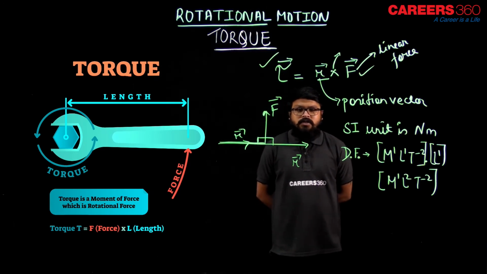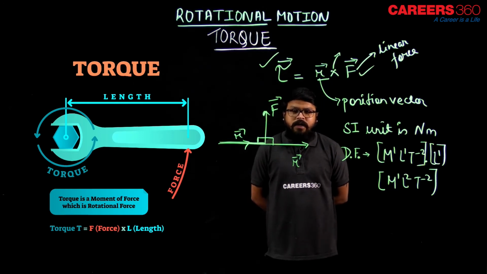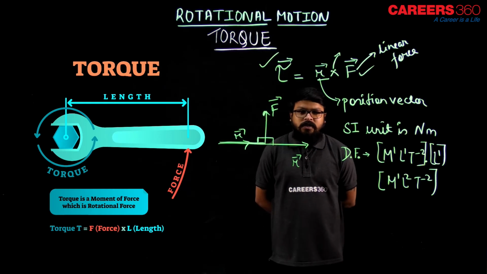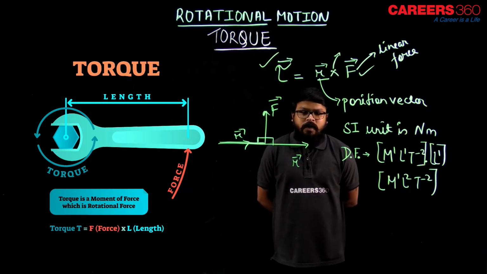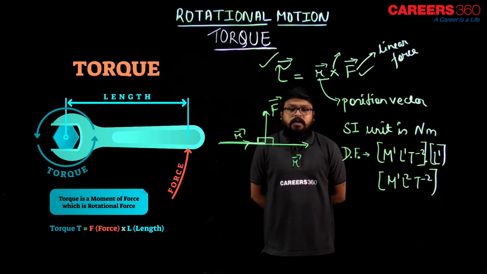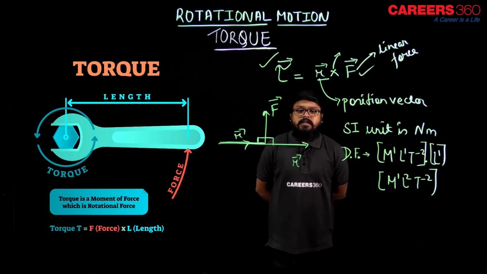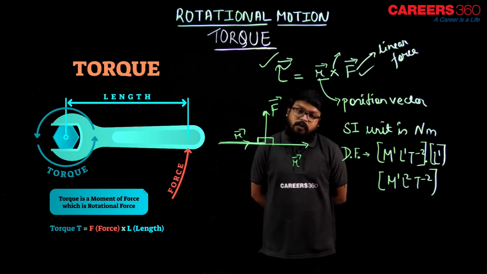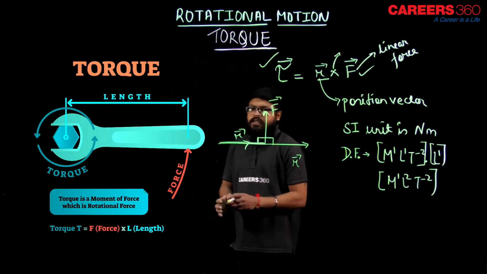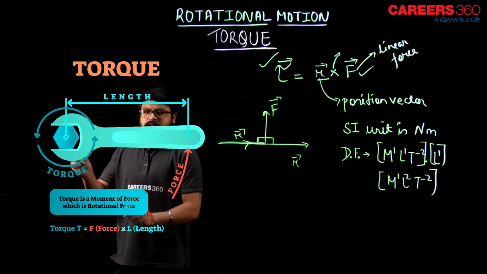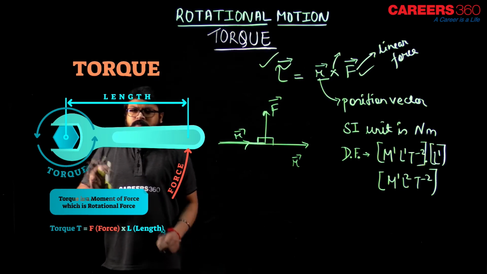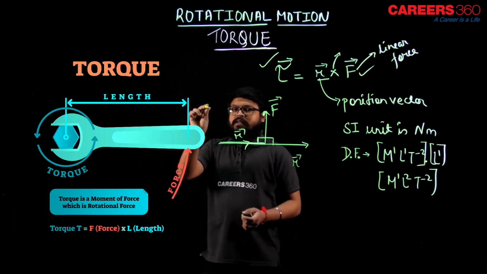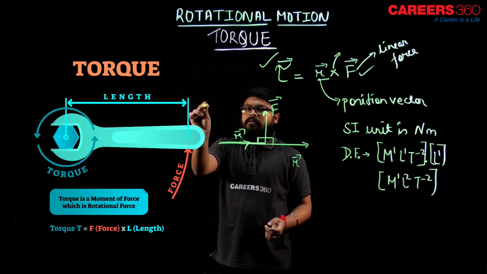So basically, what is torque? Torque is nothing but moment of force or rotational force, which provides rotational motion to the body, when we apply the linear force F at some distance or length which is perpendicular from the axis of rotation. Over here, as you can see, this is the axis of rotation, the center of the screw, passing perpendicular to the plane.